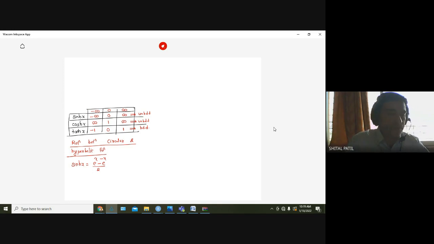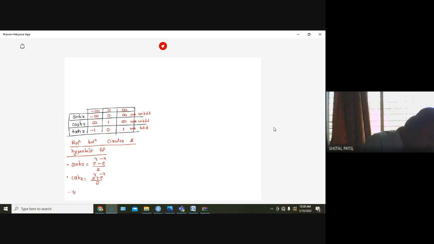Then cos hyperbolic of x: e raised to x plus e raised to minus x, divided by 2. And tan hyperbolic of x is e raised to x minus e raised to minus x, divided by e raised to x plus e raised to minus x. These are the hyperbolic functions.